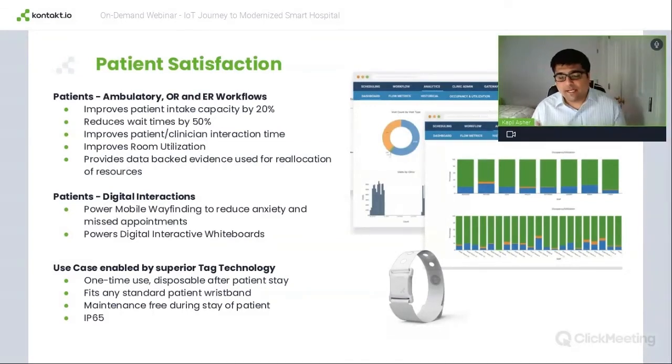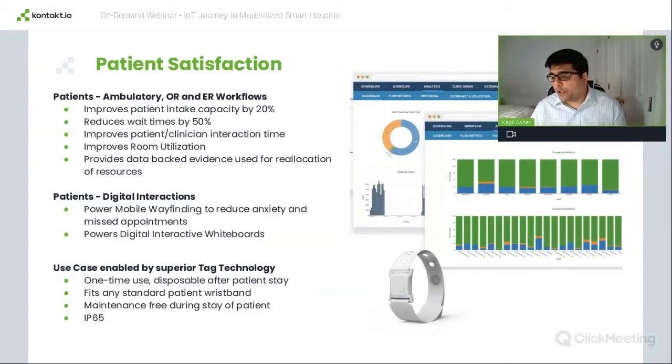So we just created this disposable tag, which patients are free to take with them. They have an average life cycle of about 2 months, which is more than sufficient for short stays. They are built on silver oxide batteries, so there is no lithium ion in them. You can simply throw that in the garbage or recycling bin. They are IP65, so they're waterproof. If the patients have to shower with them on, it won't affect the electronics inside.